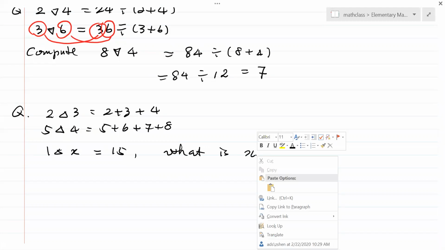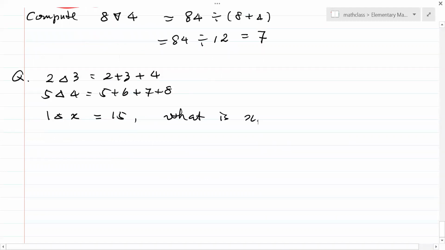Okay, what is X? So that means 1 triangle 6 means you begin with 1, 2, 3.